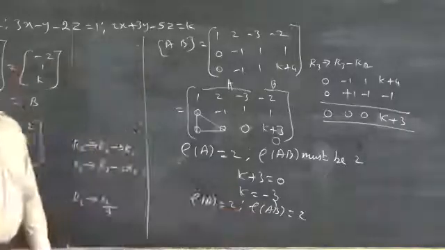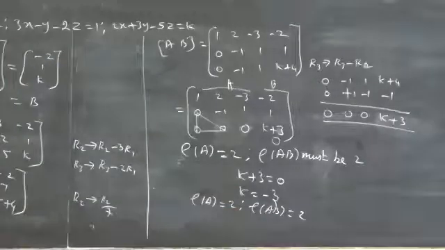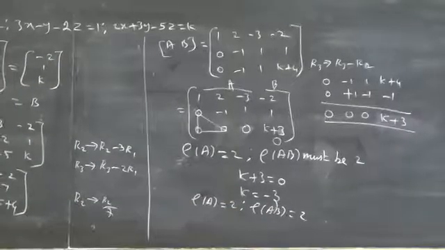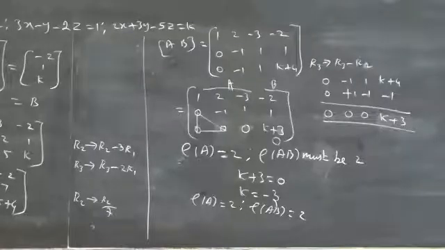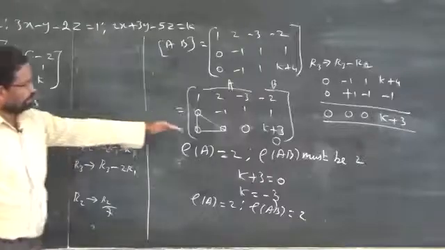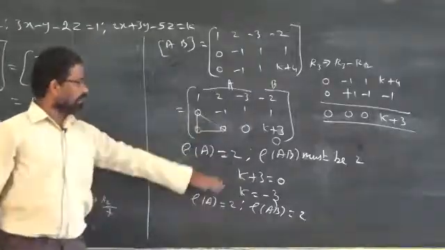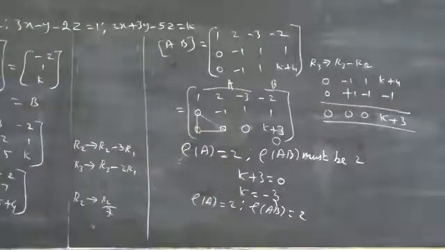Minus 3. Clear? So, be careful: when the equations are given as consistent or inconsistent, there is no different method, you can proceed up to this stage. After that, it depends upon the question. If it is given consistent, you will go for these two possibilities. If it is given inconsistent, only one possibility, that is the last one.